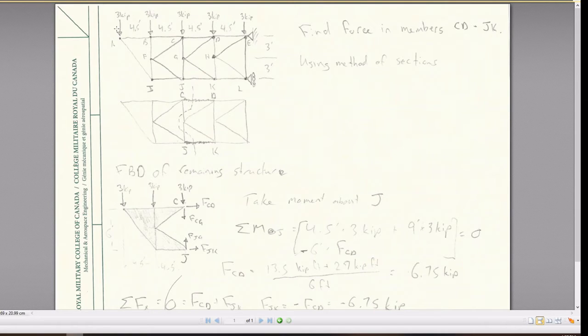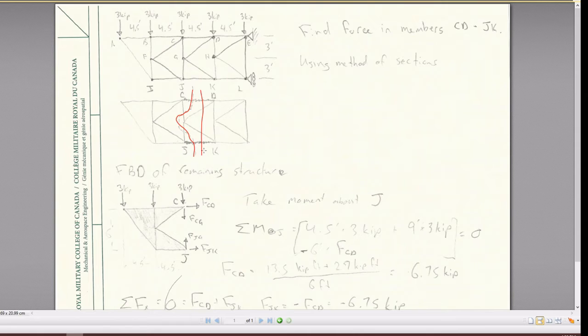So again, I've just reproduced our diagram here up at the top. Got our loads, got our reactions, and so on and so forth. And again, we're cutting along this line instead of, say, this line.